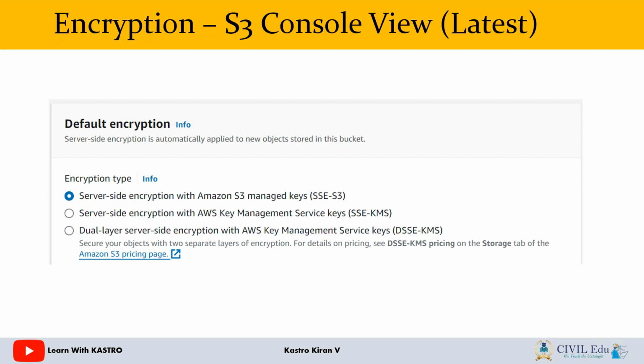And here, remember, as I was mentioning earlier, dual layer server side encryption is something which is charged. When you are creating the DSSE KMS key, you have to pay AWS because AWS is going to provide you an additional layer of features when you are creating DSSE KMS.